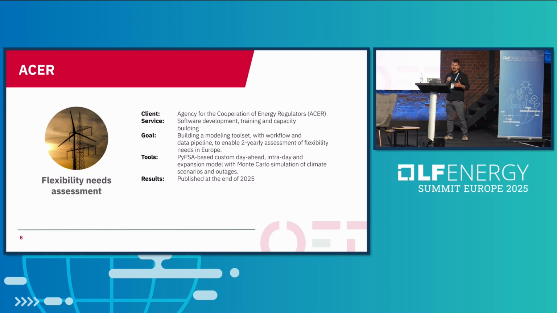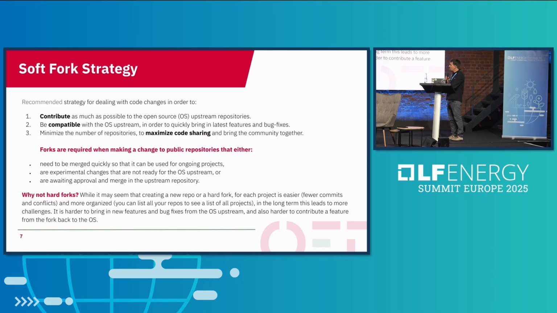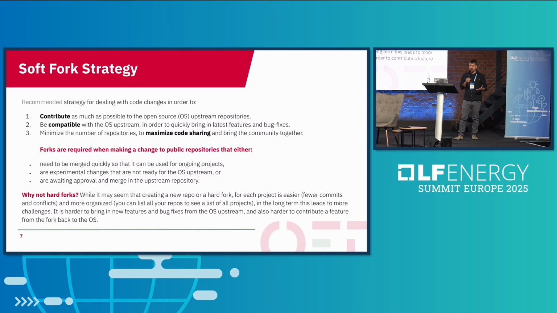And I will talk a bit about how you can use open data and open source software even in a secure environment where certain information should not be released to the public. So one way how we do this, but to still keep with the open source spirit, is that our company only does soft forks.